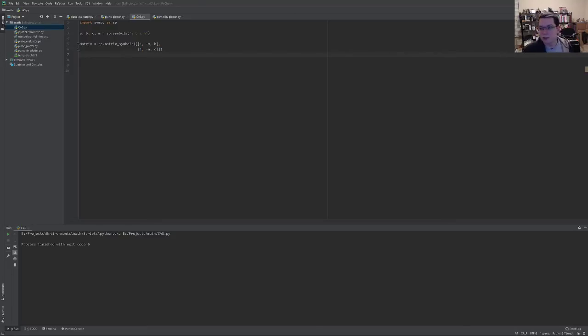I just wanted you to see this full method, is to use the matrix like we came up with in the very first place. 1, negative M, 1, negative A, times X, Y equals BC.